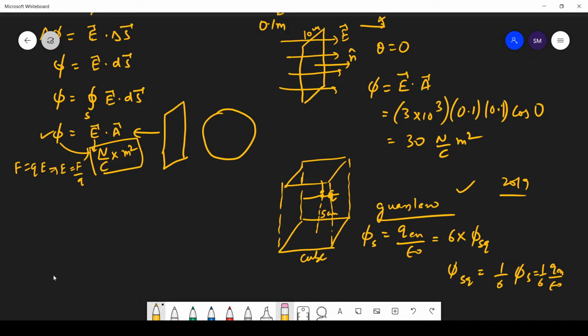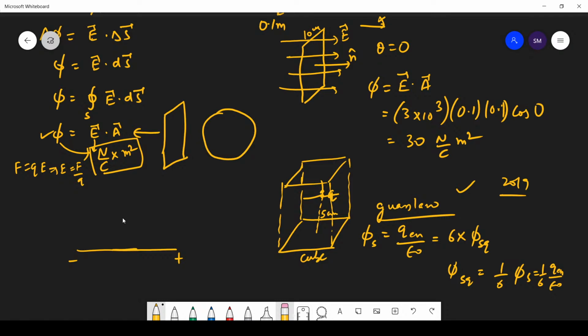So this positive charge, this negative charge.